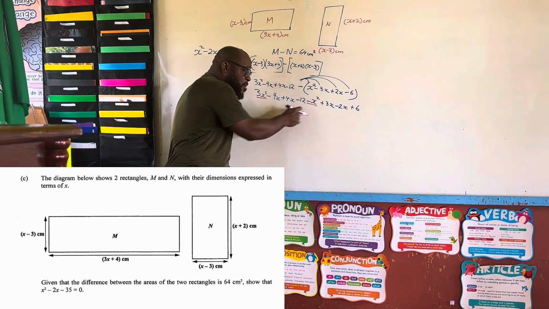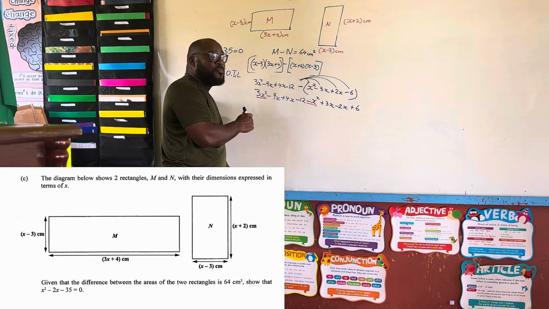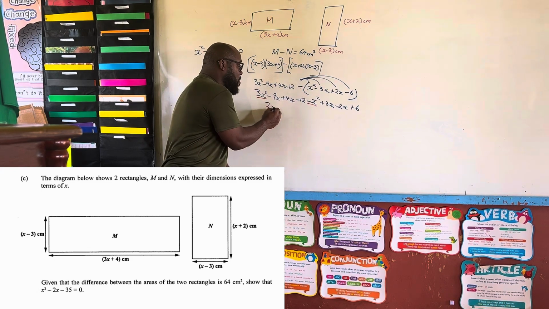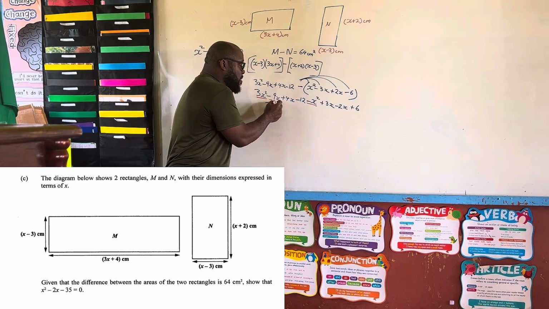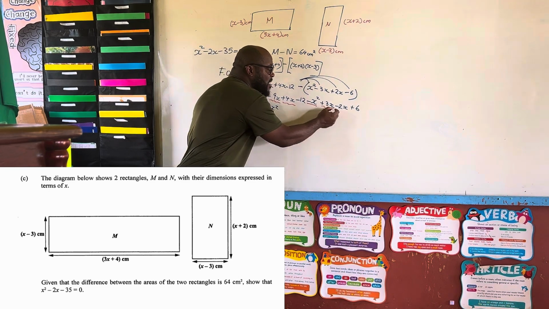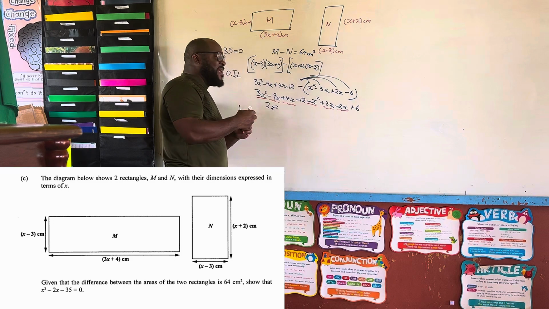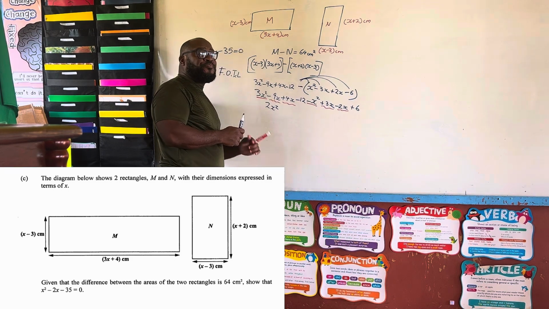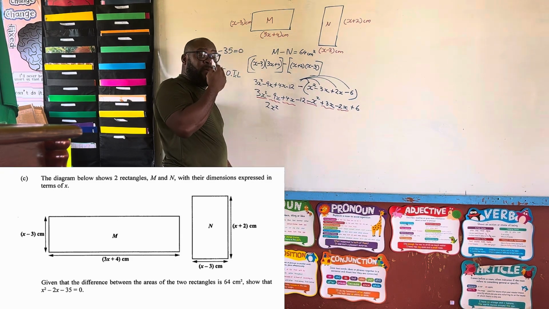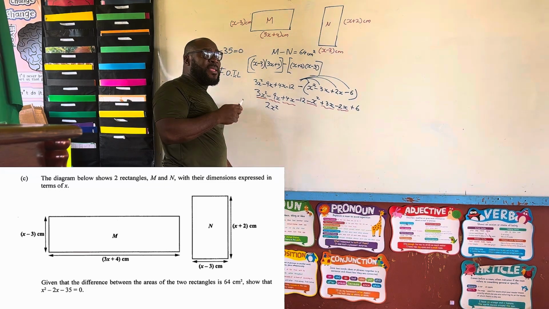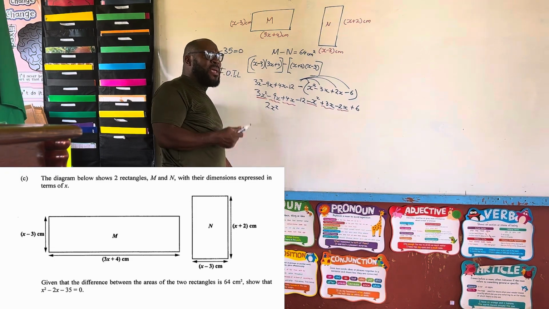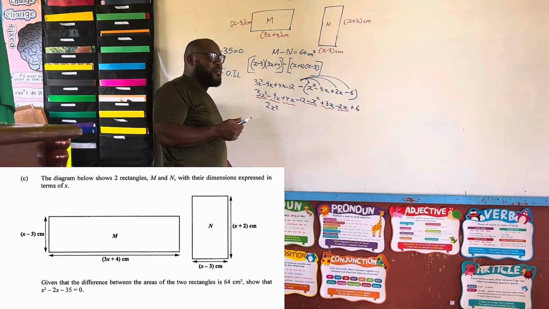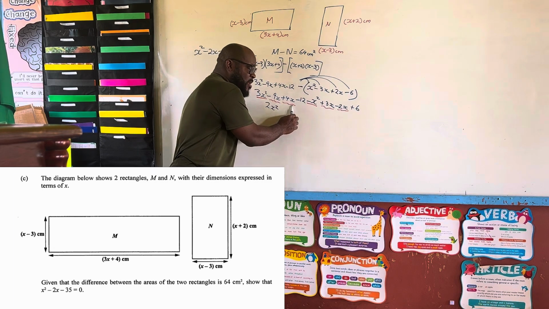3 take away 1. We have 4 of these now. So negative 9 plus 4, then negative 9 plus 4. It's negative 5, negative 5x. Good, hold on.